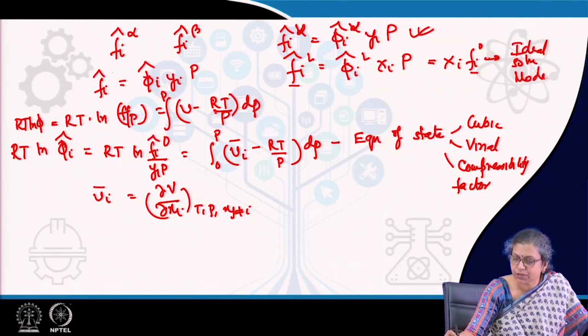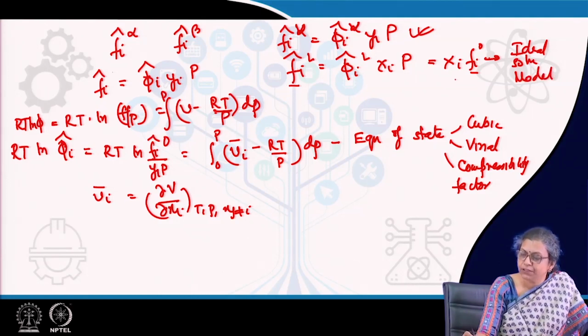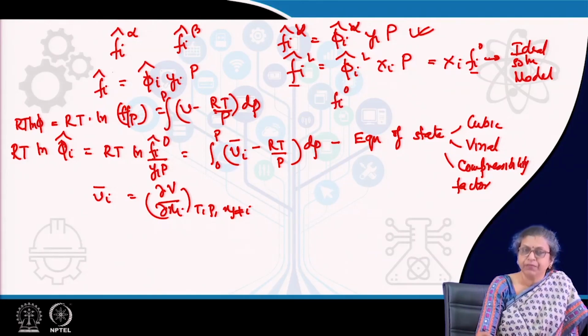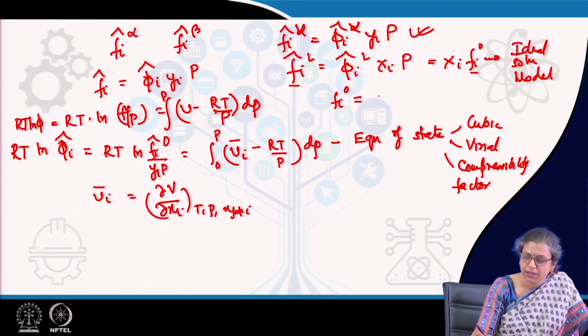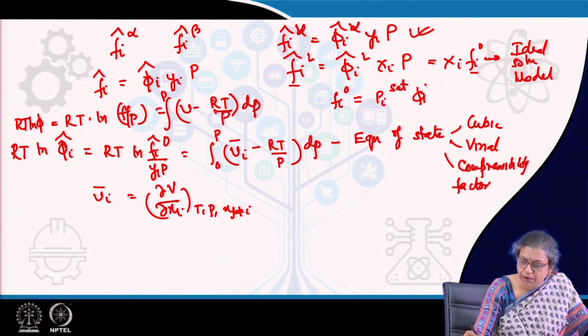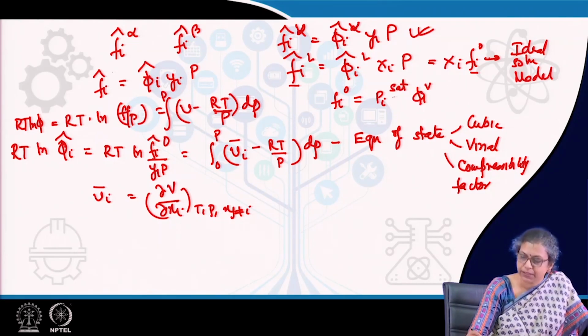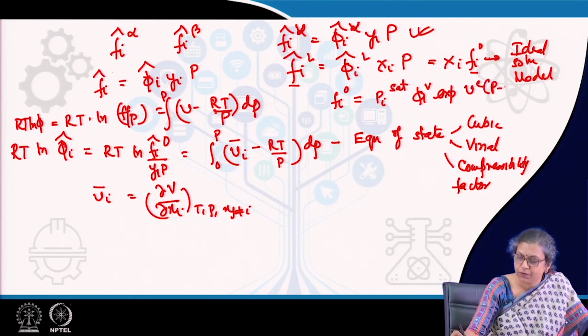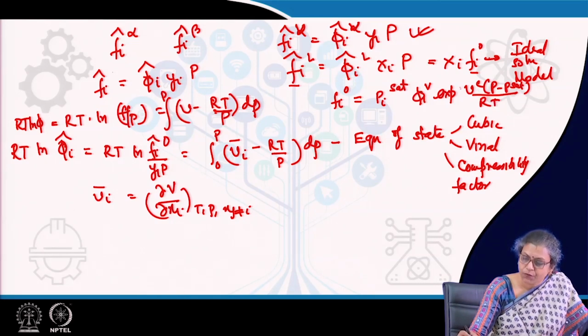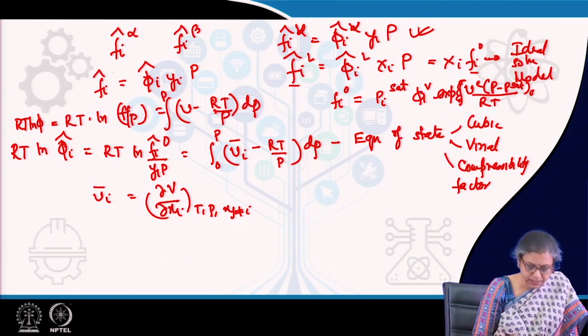And usually to find out f_i L, we use this ideal solution model, where the pure component fugacity of i in the liquid state, if you would recall, was equal to the saturated pressure times the fugacity coefficient of the vapor in equilibrium with the liquid times a Poynting correction factor, which arises because the pressure is far removed from the saturation pressure, or rather this is not required, since I assume V_L is constant.